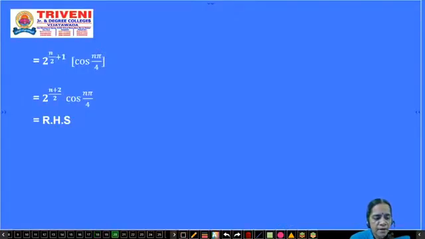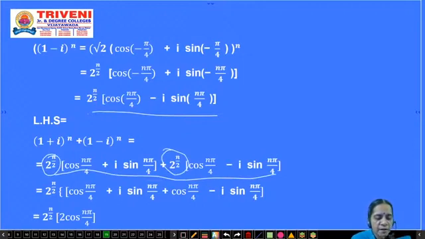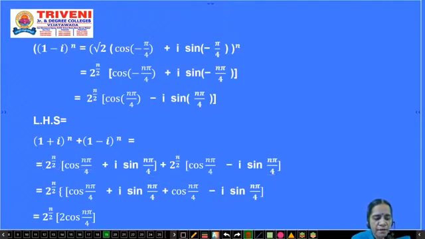And similarly (1 - i) whole power n is also 2 power n by 2 into (cos n pi by 4 - i sin n pi by 4). Add these two values; the common part is 2 power n by 2. Taking 2 power n by 2 common: cos n pi by 4 + i sin n pi by 4 plus cos n pi by 4 - i sin n pi by 4. The imaginary values get cancelled.